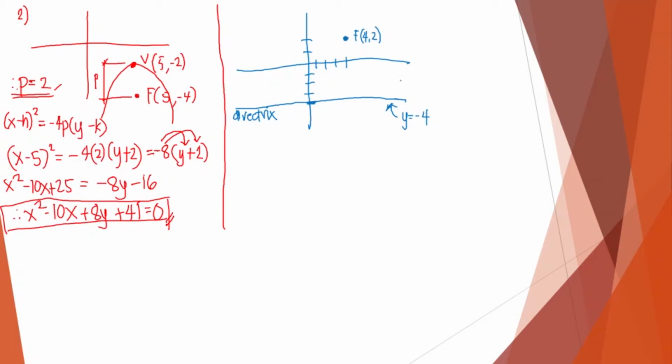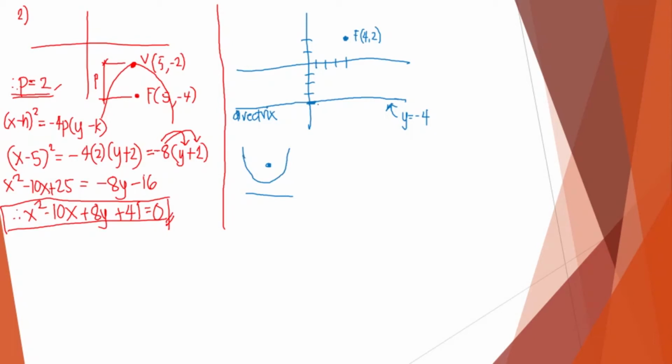So in order to get the equation of this parabola, we have the directrix there, then we have this focus here. So our parabola is concave upward.